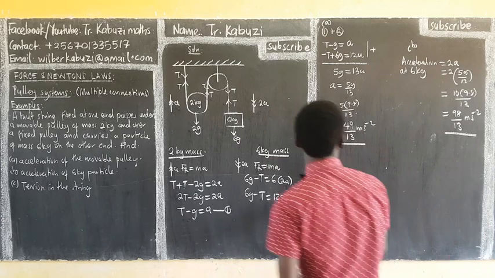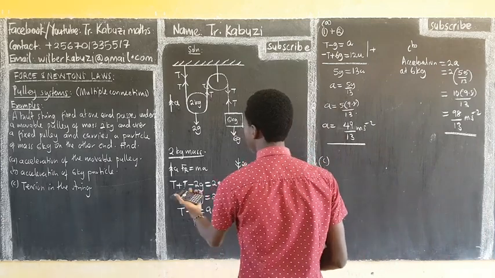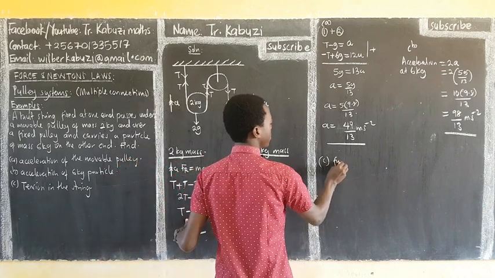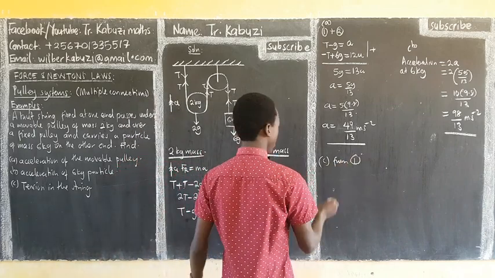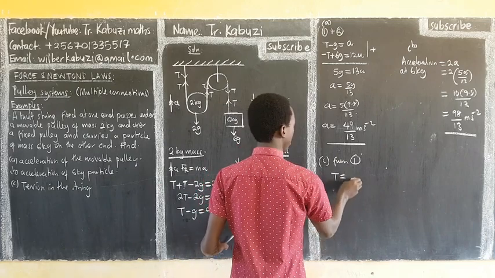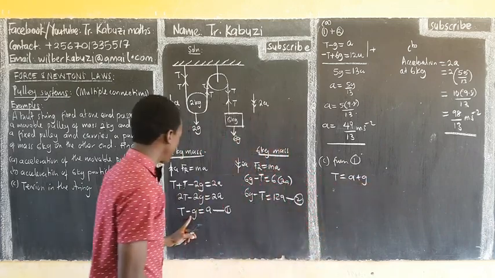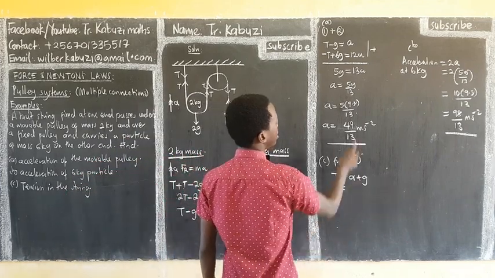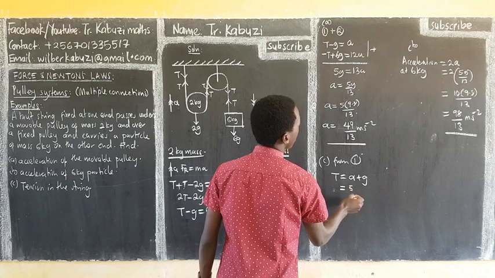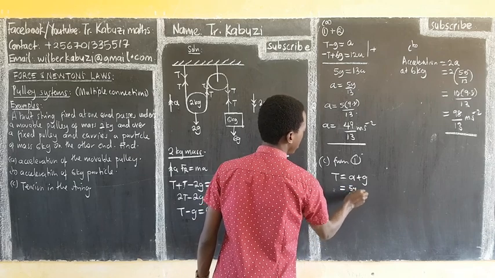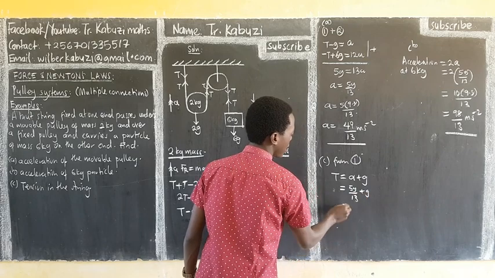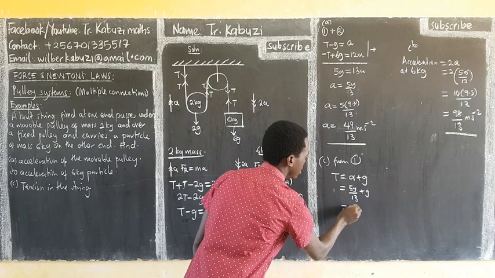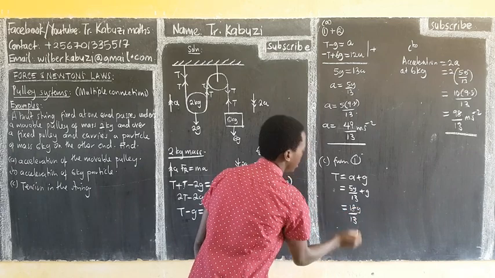Now the tension in the string, part C. Our tension can come from either equation, and this one is easier. From equation 1, T is going to be a plus g. When I take this to this side it becomes positive. So my a, which is 5g over 13, plus this g, because 5 plus 13 makes 18, gives 18g over 13.